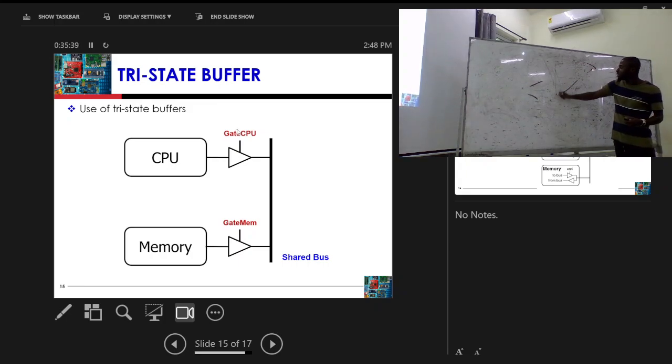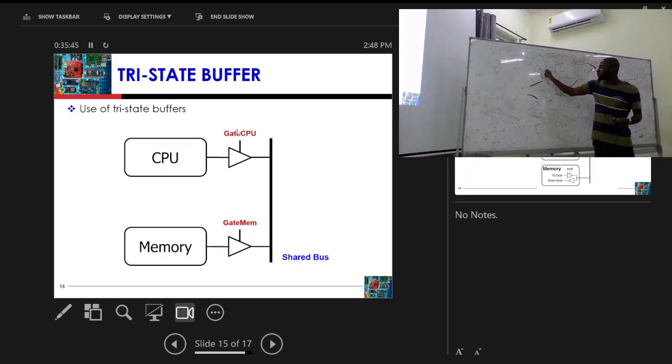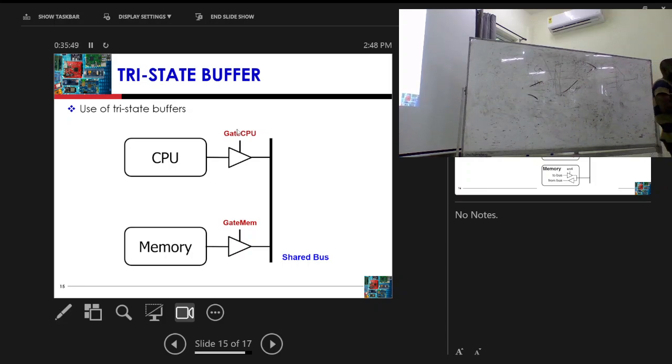You have components connected to the bus, several components like your CPU, memory, and stuff like that. But the most important is that only one component is allowed to use the bus, not two. It's impossible for two components to use the bus. So you can use this tri-state buffer to design a thing like this.